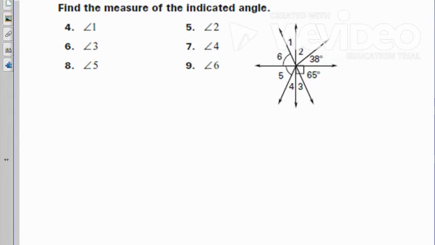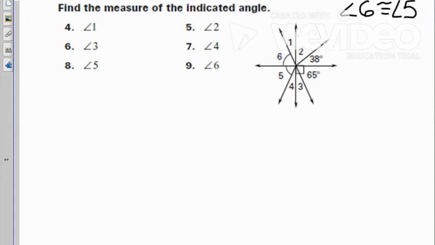We know right off the bat that angle 6 is congruent to angle 5, because it has those two indicated marks. We also know that the sum involving angle 3 has to equal what? We're actually going to be able to answer angle 3 very quickly.